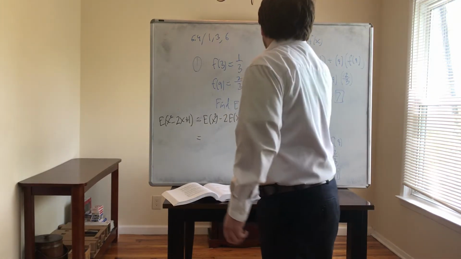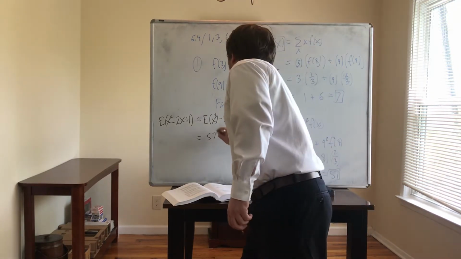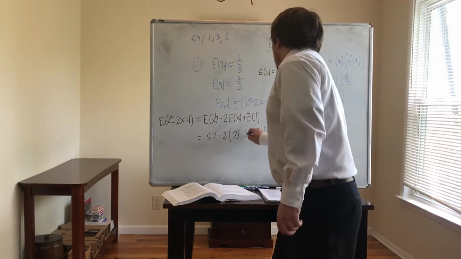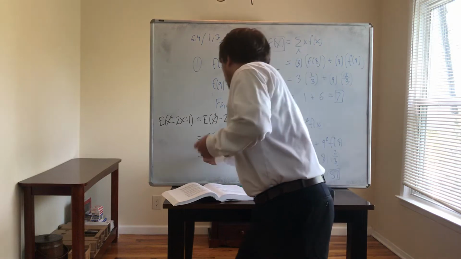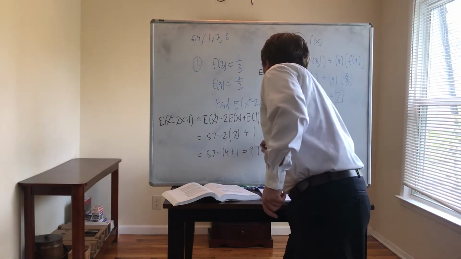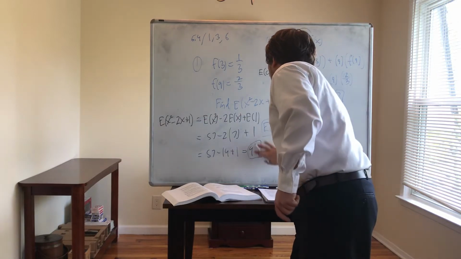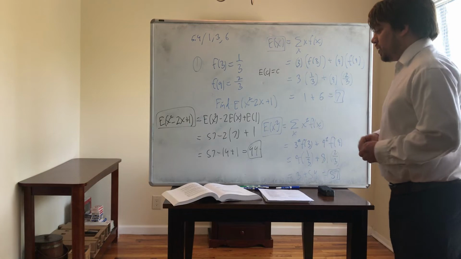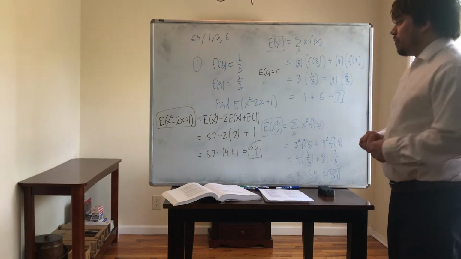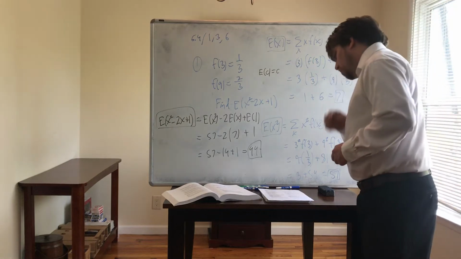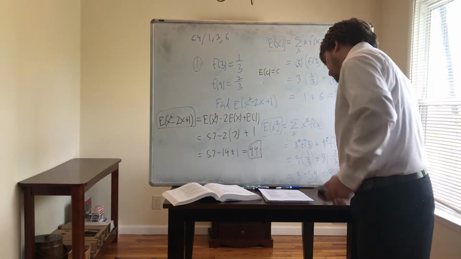So that's 57 minus 2 times 7, plus 1, which is 57 minus 14 plus 1, which is 44. And so the final answer is that e of x squared minus 2x plus 1 is 44. Okay? So that's one of the problems in 6.4. Let's keep going.